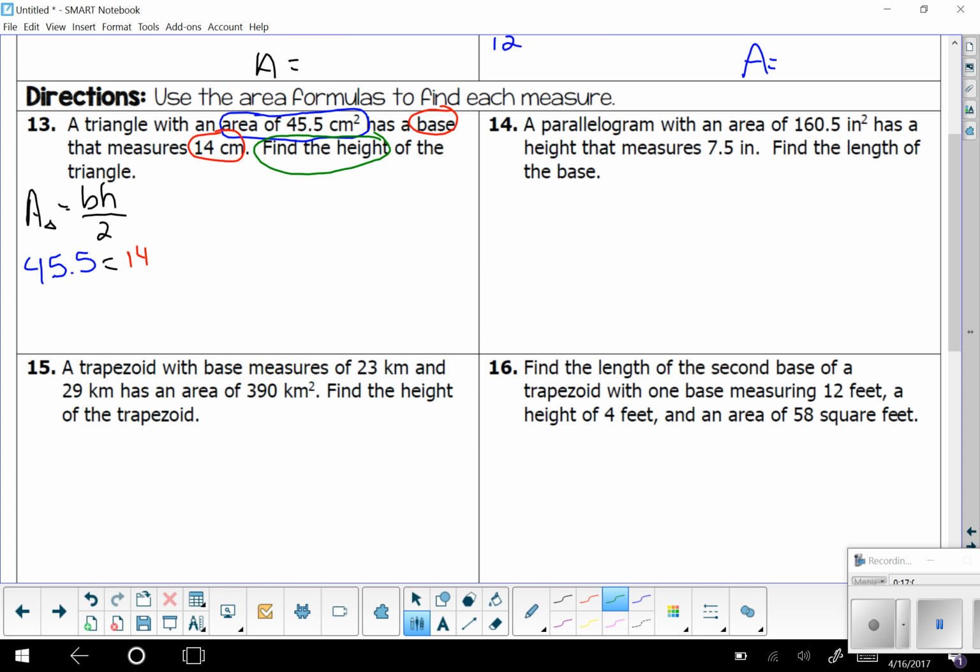We do not have the height. We need to solve for h. Well, we could take the 14 and the 2, reduce that, and we have 45.5 equals 7h. Divide by 7. And 6.5 centimeters equals the height.